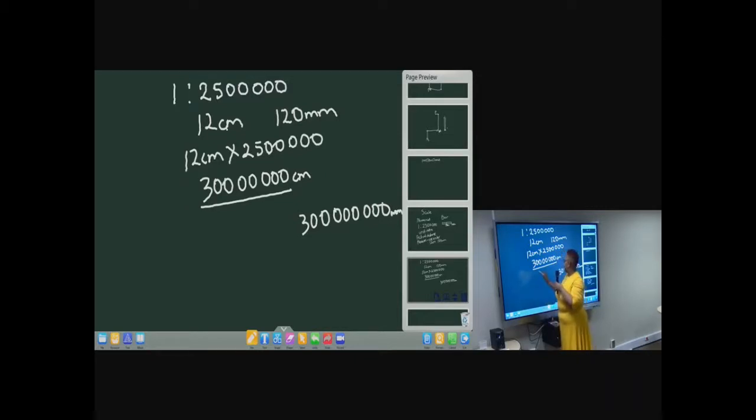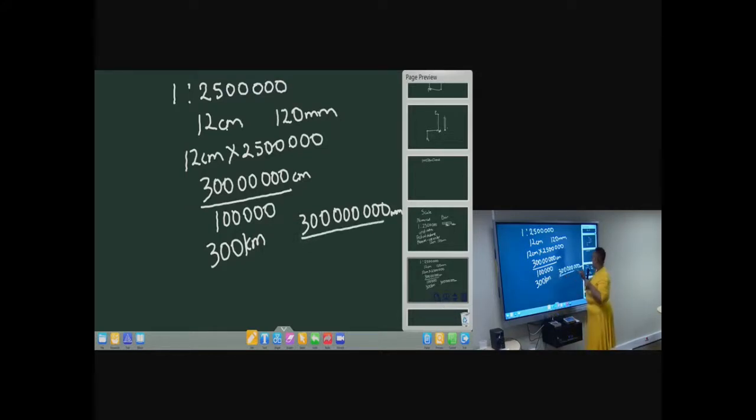So when you are converting, you will divide by 100,000, and your answer in kilometers will be 300 kilometers. If you had used millimeters, there is a million millimeters in a kilometer, so you will divide by a million, and once more you will get 300 kilometers.